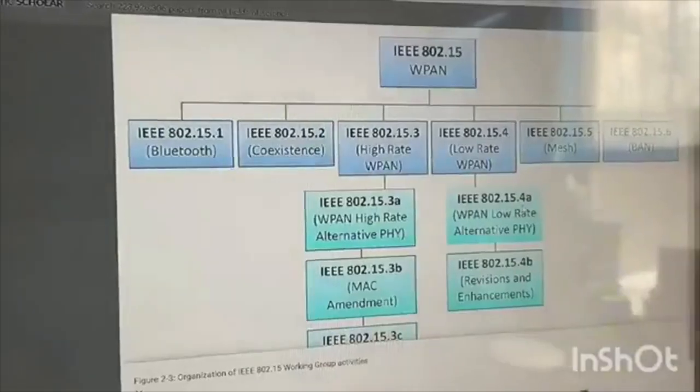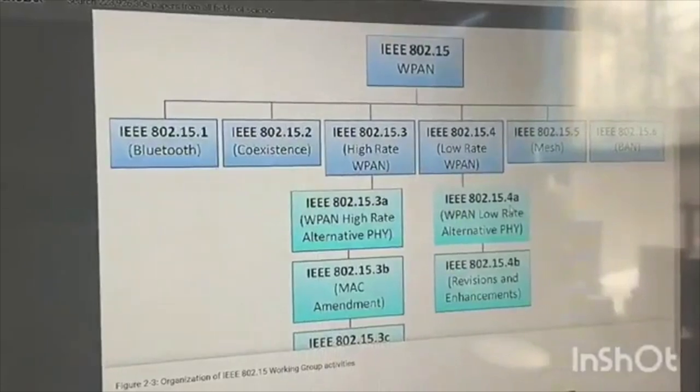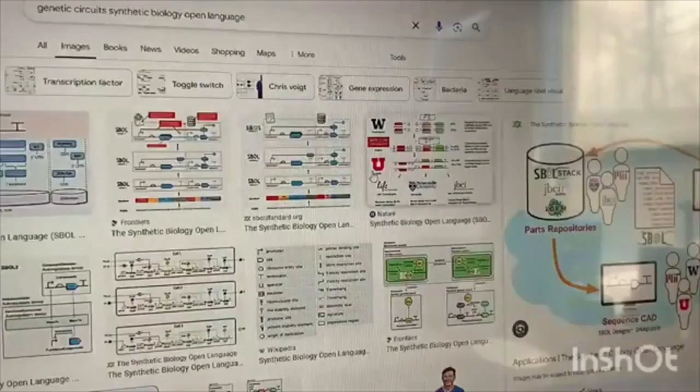And that is intra-body area networks since the 90s, period. The genetic circuits with synthetic biology open language are those intra-body networks spread out with the nano networks so that they can get to the right set of cells near the appropriate internal organ or system under your skin. That's what the code is for.